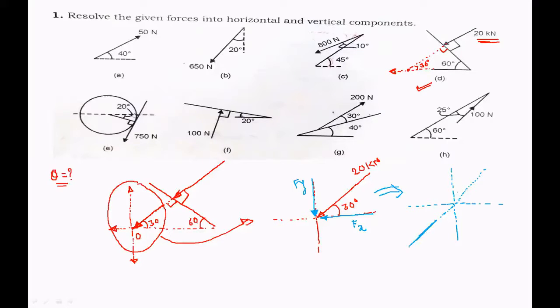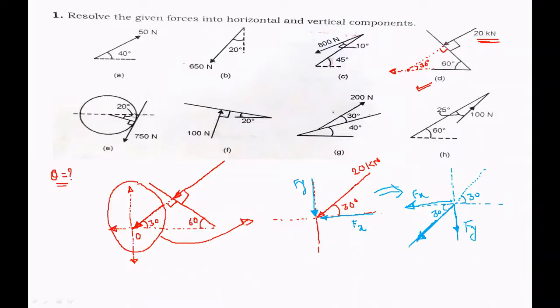Initially the force was shown here; you can extend that force and show it in the third quadrant. So this angle is 30. And then you can show the components. This will be X component and this will be your Y component. This is Fy and this is Fx.